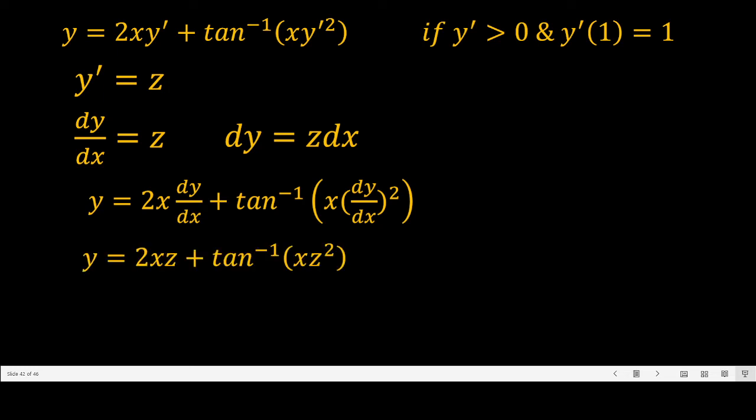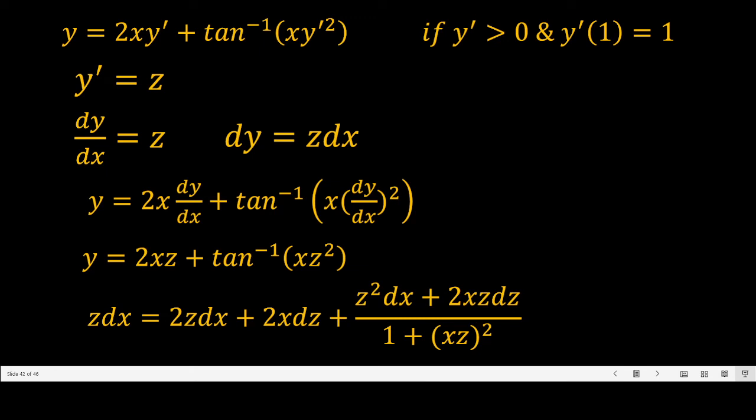And by substituting z in the equation, we will have y equal to 2xz plus tangent inverse of xz squared.